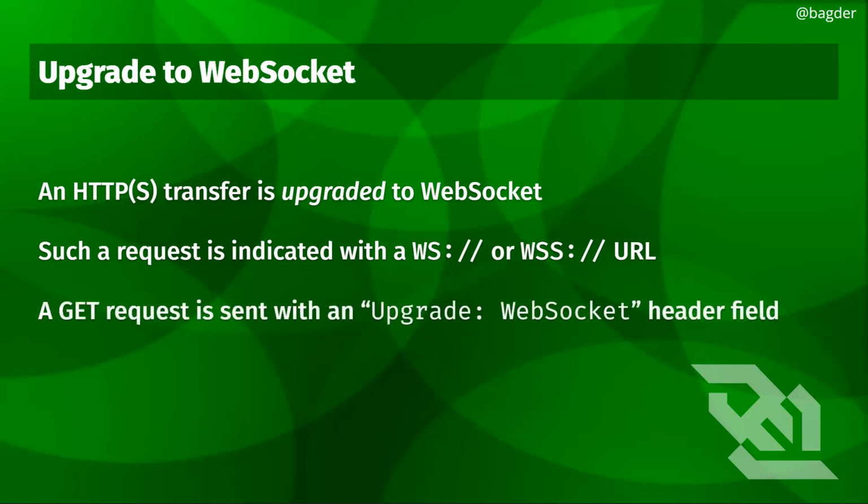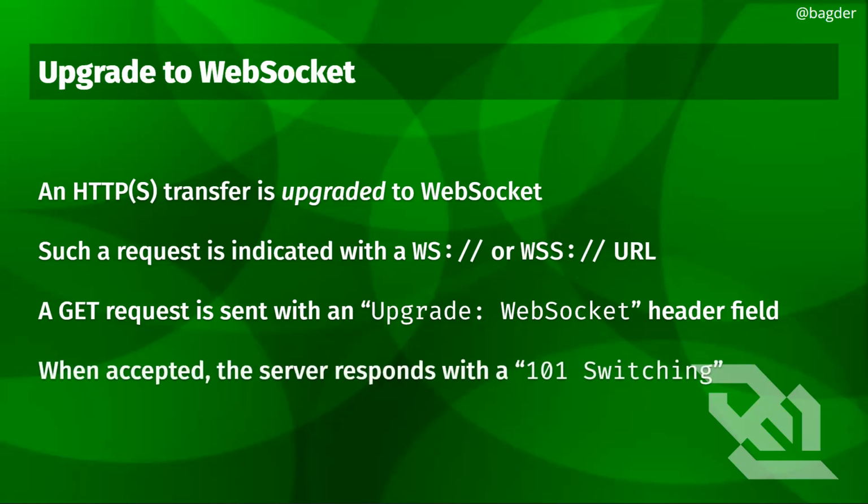And that means that it will send an actual HTTP GET request with an Upgrade: websocket header field. So if the server doesn't want you to upgrade to WebSocket, it won't respond with the 200 and respond properly, it will respond with something else, and this will make your WebSocket transfer fail if the server denies you.